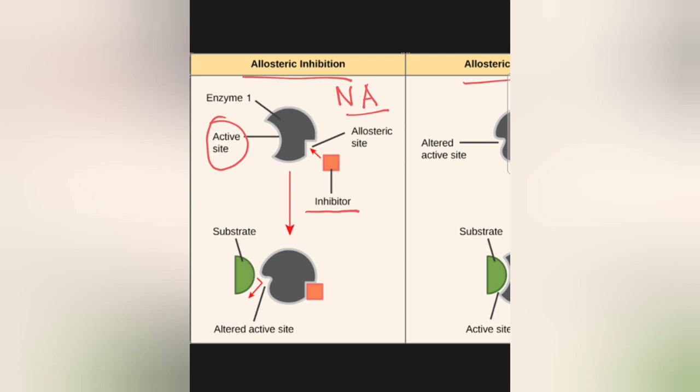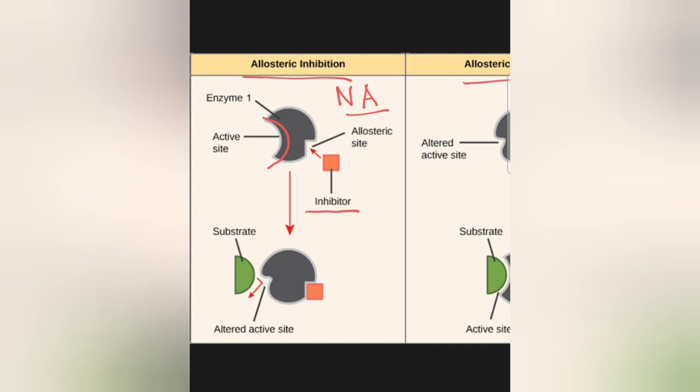Look at the shapes of these active sites and allosteric sites. Firstly, see that the shape of the inhibitor is like this, and the allosteric site shape is also like this, so that the inhibitor can bind easily to the enzyme. Now look at the shape of the active site. The active site is shaped like this, and the substrate is also shaped like this.